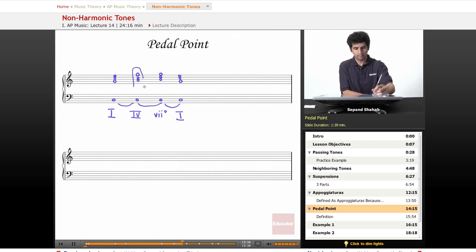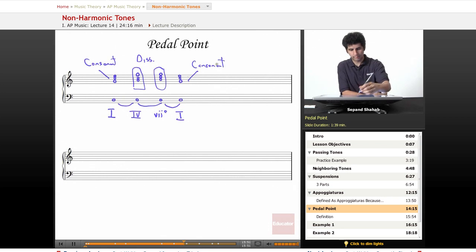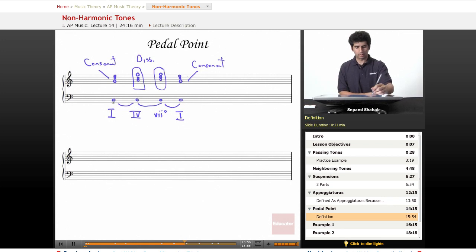So we can see that here and here are the dissonances, and then beginning and ending are the consonant places. So a pedal point is any time where we have one note that is maintained and begins as a consonant, and then in the middle moves to some dissonant movements, kind of as an embellishment to this bigger 1 chord here, which is really the main harmony for this whole section.